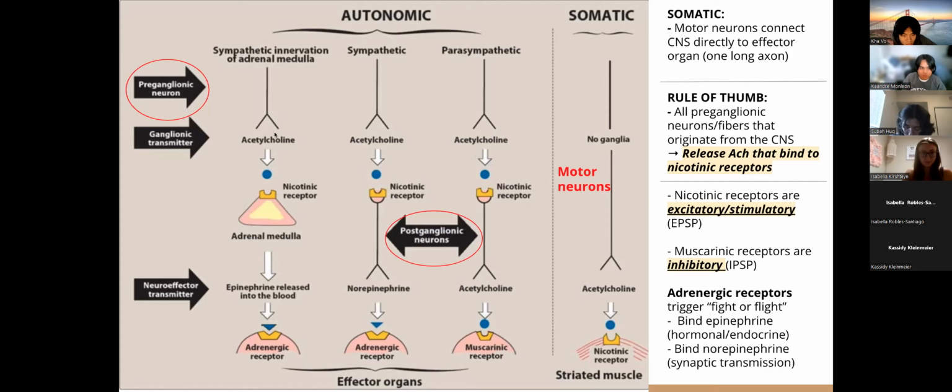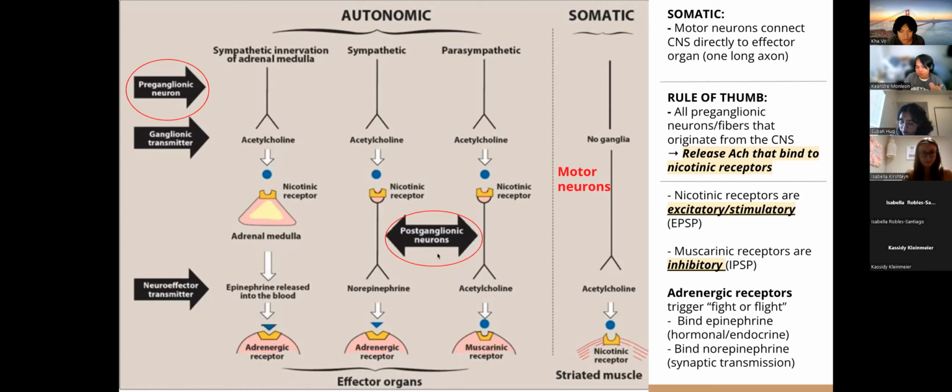So the general rule, just remember anything with preganglionic neurons is going to release acetylcholine, which binds to nicotinic receptors. This is found in all cases in the somatic nervous system because it's directly connected to the central nervous system. And it's found in both the sympathetic and parasympathetic. But you're going to see a lot more deviations here in the bottom half. But I'd like to go over postganglionic neurons first.